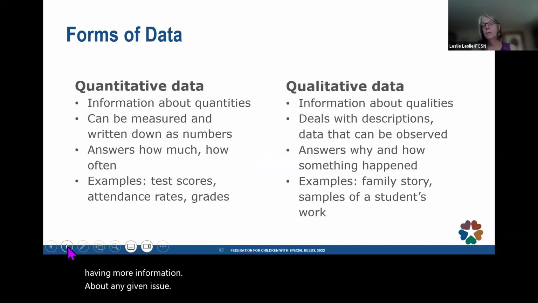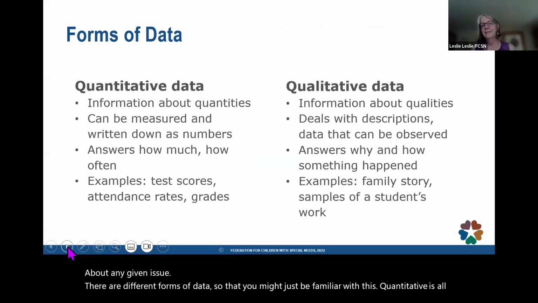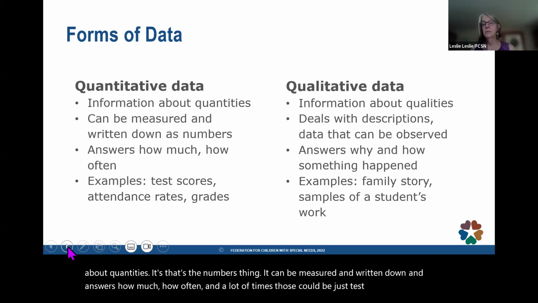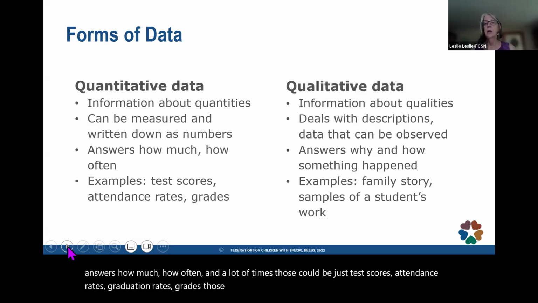There are different forms of data, so that you might just be familiar with this. Quantitative is all about quantities. That's the numbers thing. They can be measured and written down. It answers how much, how often. And a lot of times those could be just test scores, attendance rates, graduation rates, grades. Those are measurements.